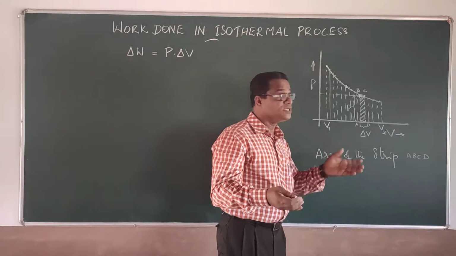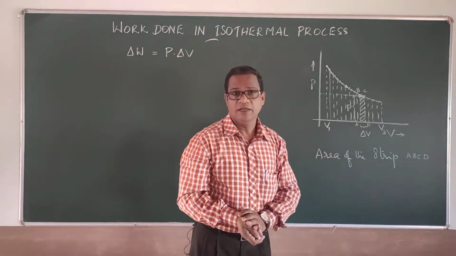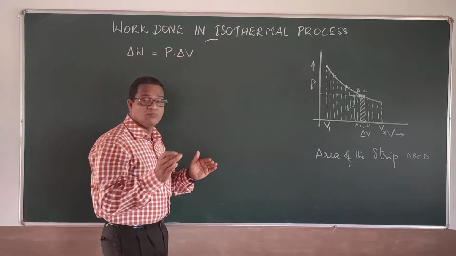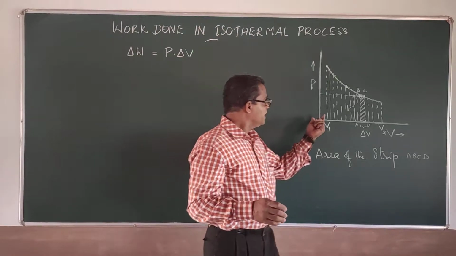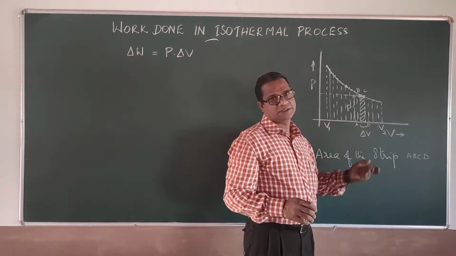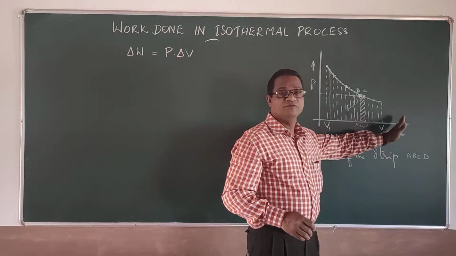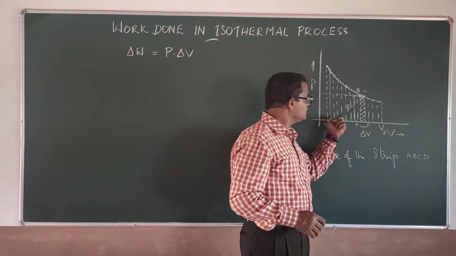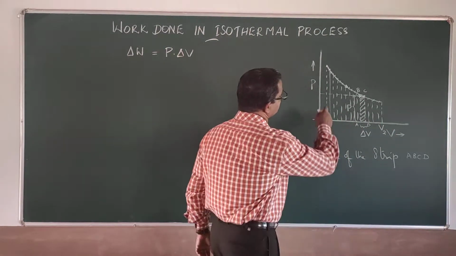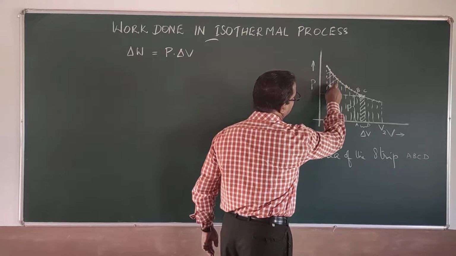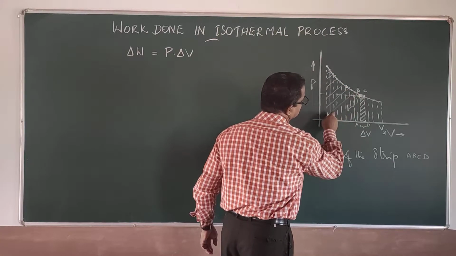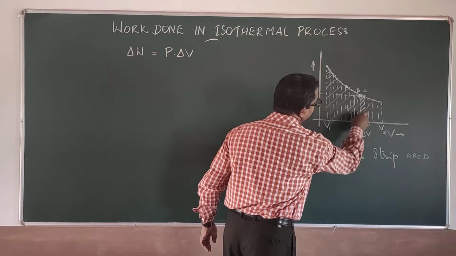The total work done in this process is the sum of all these strip areas from V1 to V2. So if I add all those strip areas, effectively what I get is the area under the isothermal curve.